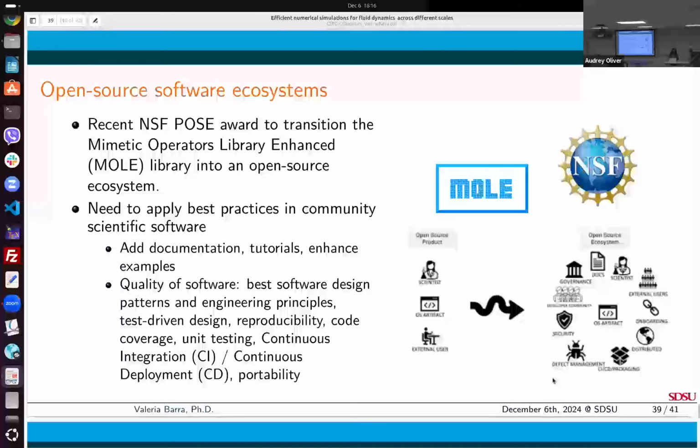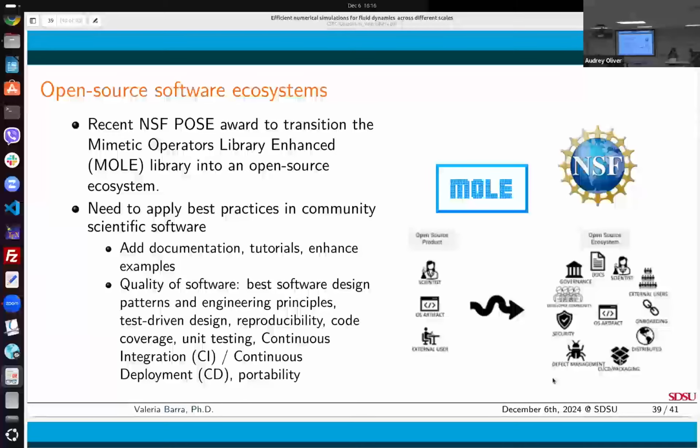Okay, some very recent projects I've been working on with Dr. Castillo on transitioning the MOL library into an open source ecosystem. So what is the transition from an open source product to an open source ecosystem? It involves trying to acquire external users and developers, trying to adhere to some best practices and standards, for instance, adding documentation, tutorials, examples, unit testing, best engineering principles and best software design principles like continuous integration and test-driven design.